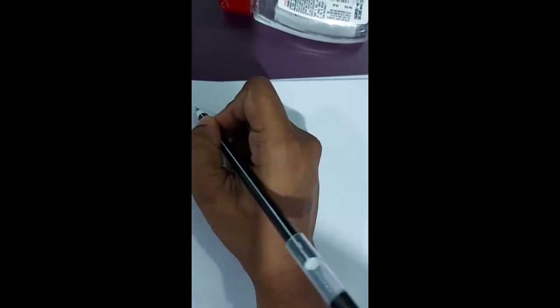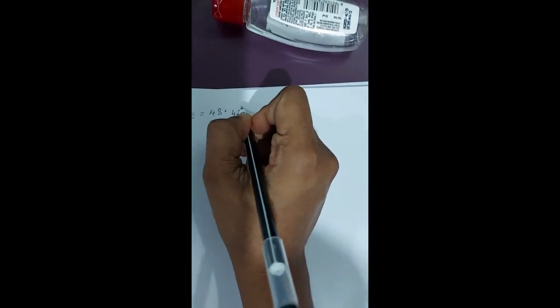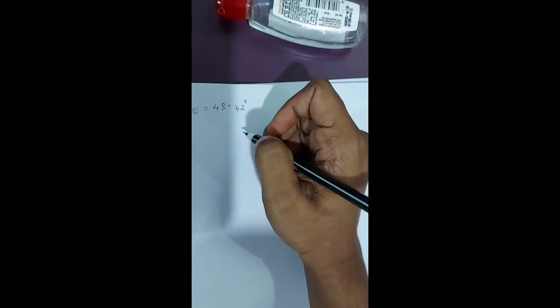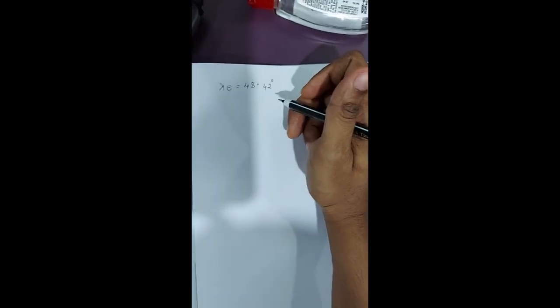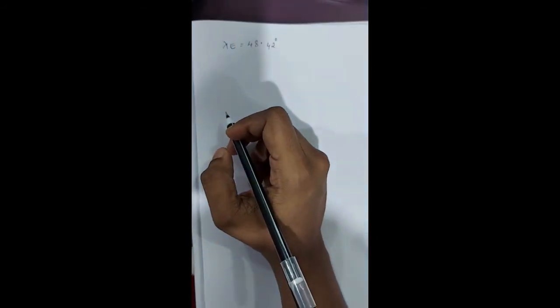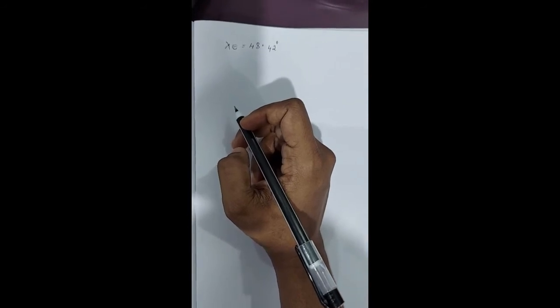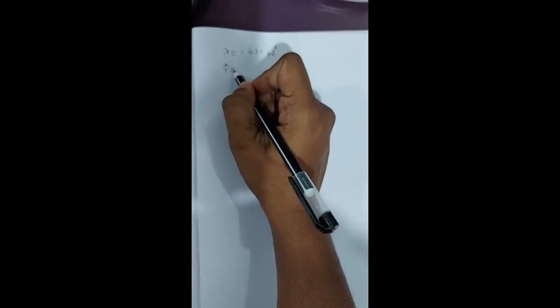So the given data for the problem is as follows. The latitude is 48.42 degrees, that means lambda E is 48.42 degrees north. And the longitude is 89.26 degrees west. We know the longitude will be a negative value if it is towards the west. The longitude we are considering here is phi e, for the Earth station.